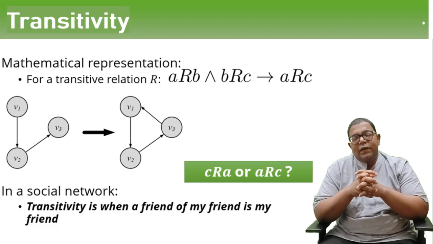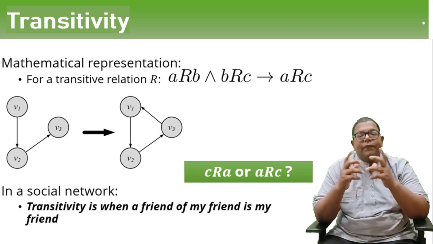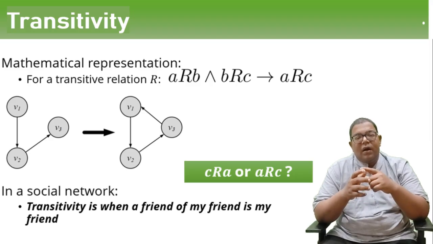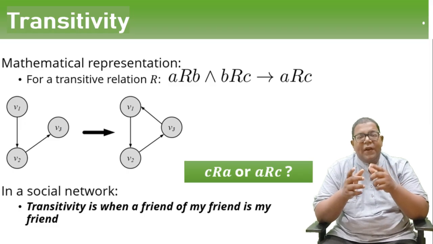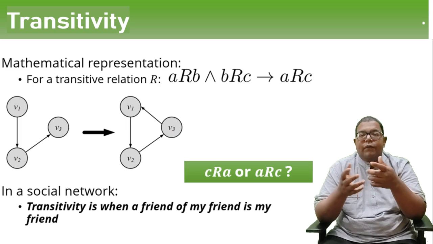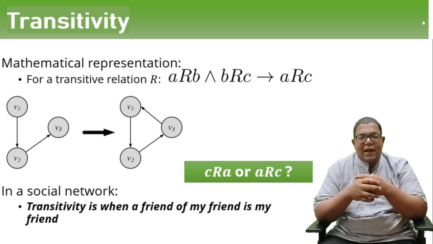So in a social network, what does transitivity mean? Transitivity is when a friend of my friend is also my friend. So if you have a friend, and that friend's friend is also your friend, then there exists transitivity.